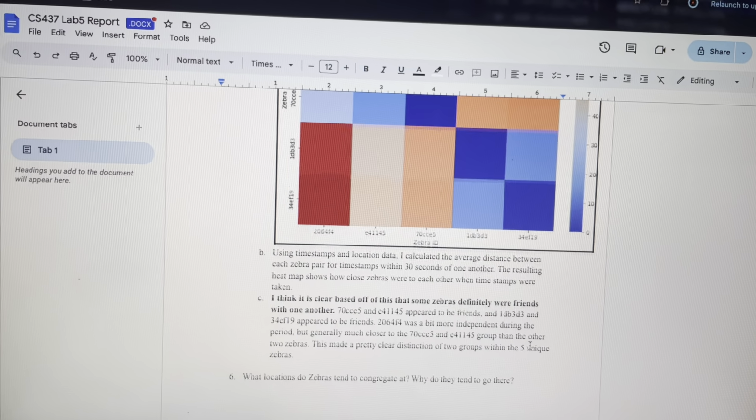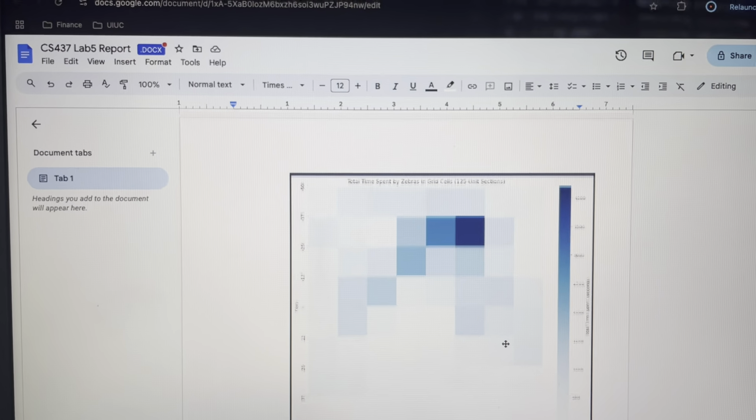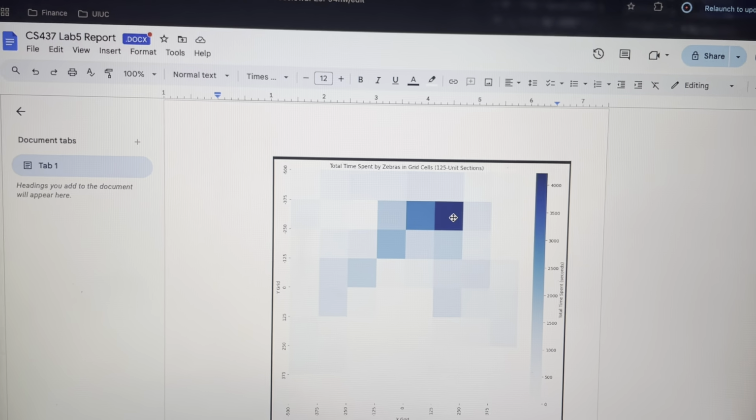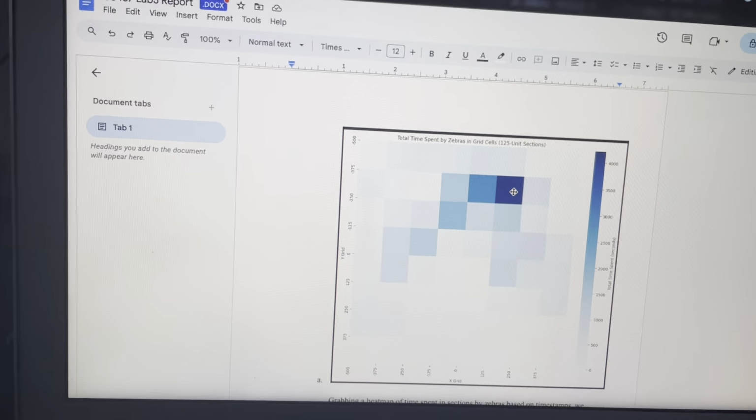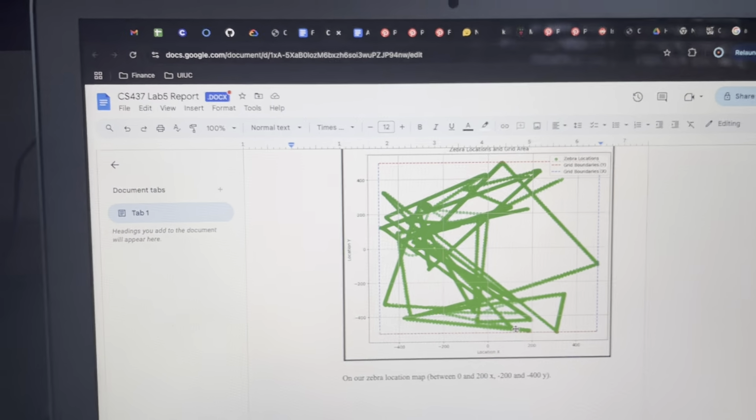What locations do zebras tend to congregate at? You can see here, this is the total amount of seconds spent in sections of the graph, and the axes are slightly off, so it doesn't align exactly to what you see here, but you can see there's a big blue chunk here indicating a lot of time was spent there by the zebras, and that roughly translates to right about this area here on the previous graph.